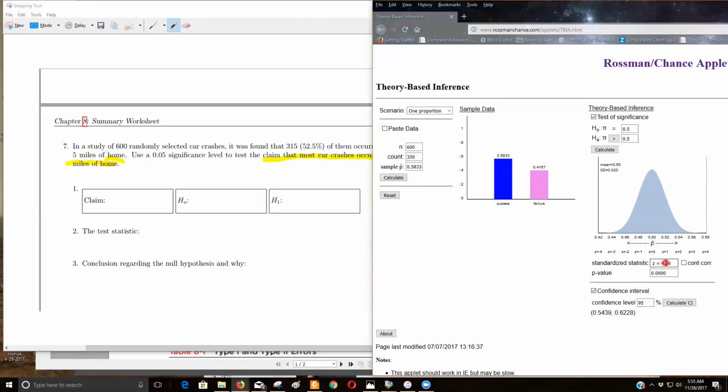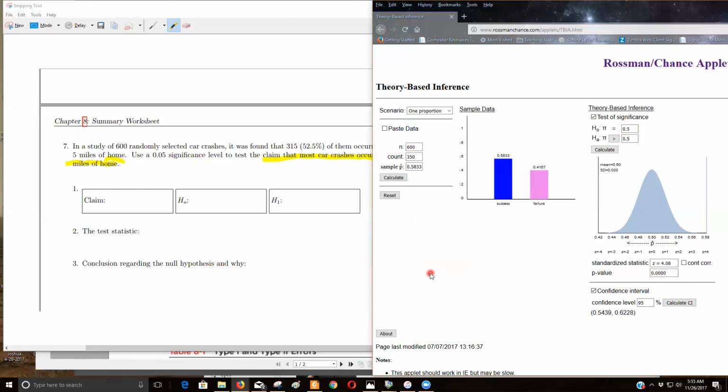And yeah, look at that. Z-score 4.0, p-value is essentially 0. Entirely unlikely to get a Z-score that far away from 0, since 0.5 is the true center of this distribution. So in that case, the data would support the claim. The p-value is smaller than the level of significance, and the confidence interval doesn't capture the hypothesized center.